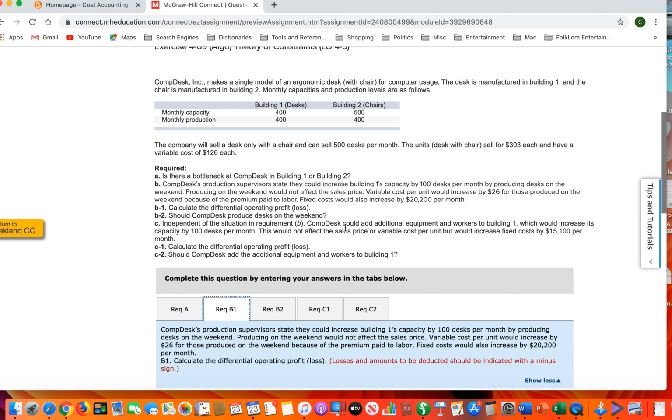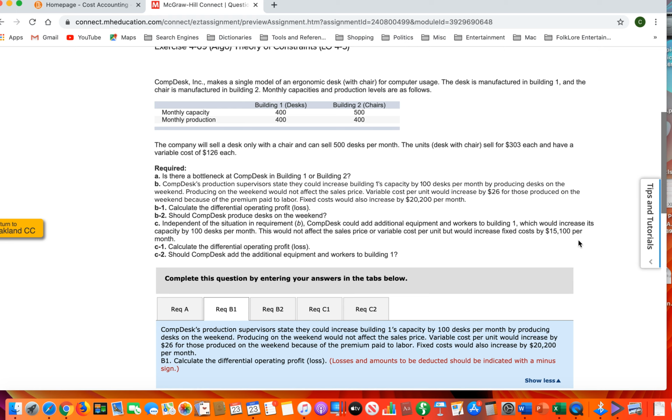Now here, if they add additional equipment and workers in building one, they can make 100 more. As I'm looking at C now, this will not affect the sale price or variable cost per unit, but would increase fixed cost by 15,100.